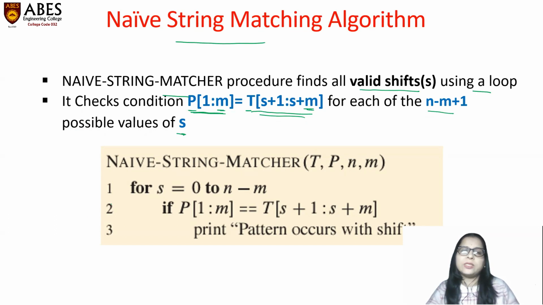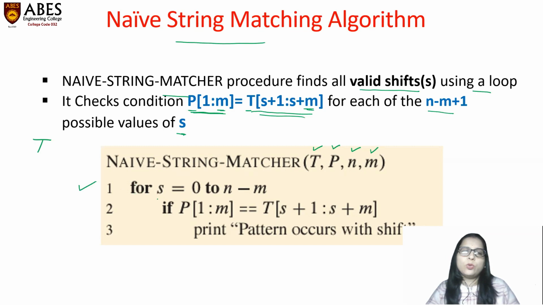There are mainly 3 steps. So this is the loop where we start from the first index, that is 0, in the given text T. The input to the algorithm here is T, the text, the pattern P, length of the text n, and the length of the pattern m.